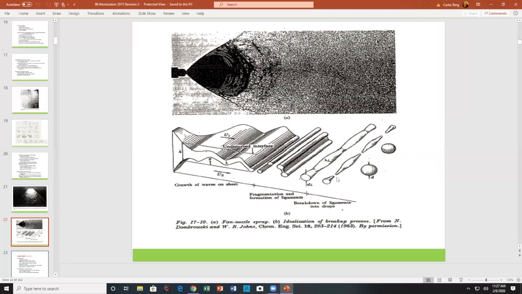And so what you have is eventual break-off sitting there. And then you have these large ligaments going down to a single drop, again by surface tension. And you can imagine if I start throwing in solids of different sizes, how might this change? If it's very fine solids, it won't change much. But if it's, say, needles, it's a different matter entirely.